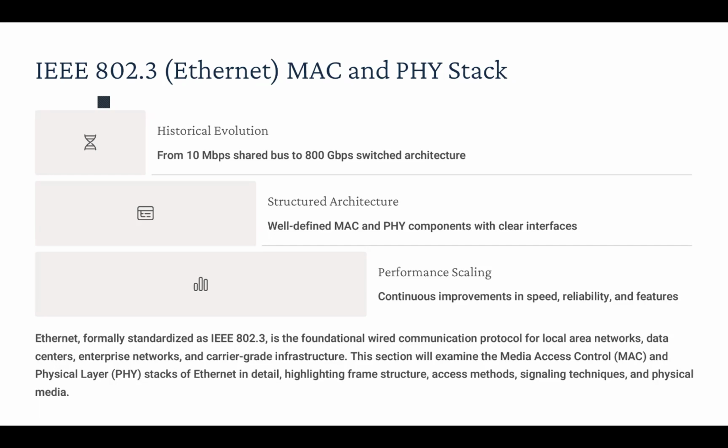Through the years, it evolved to the highest speeds, as we have 800 gigabit per second switch architecture over fiber or copper. The Ethernet protocol is organized into well-defined MAC and physical components, with each sublayer having a specific responsibility and a standard interface, so we make sure of interoperability and scalability.